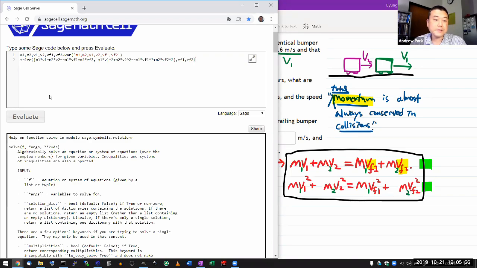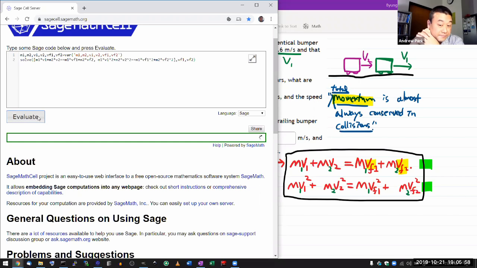Let's see what it does. Evaluate. If I were to try to do this by hand, it would have taken me probably 10 minutes, especially if I'm talking. If I'm just writing as quickly as I can, I might do it faster. This did it a lot more quickly. It took me more time talking.